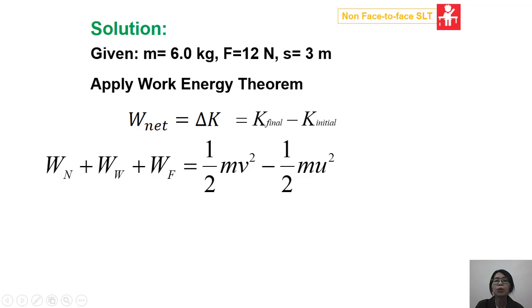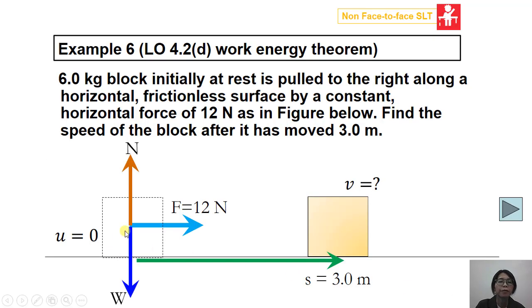If we refer to the figure given, you will find out that the normal force and the weight are perpendicular to the displacement. When a force is perpendicular to the displacement, the angle between the force and the displacement vector s is 90 degrees. Any force that is perpendicular to the displacement does 0 work.